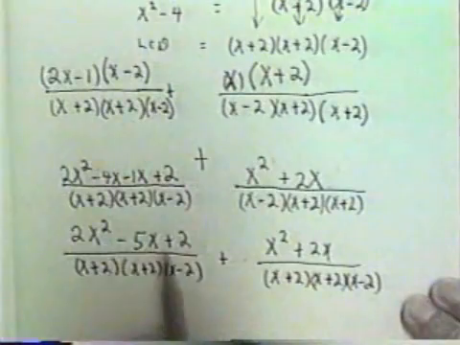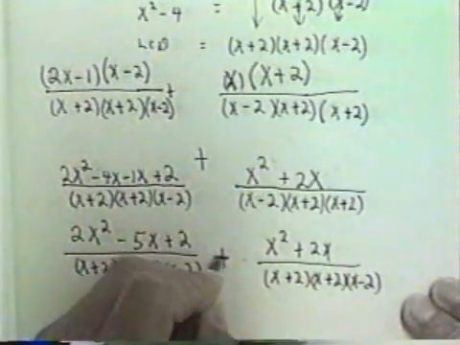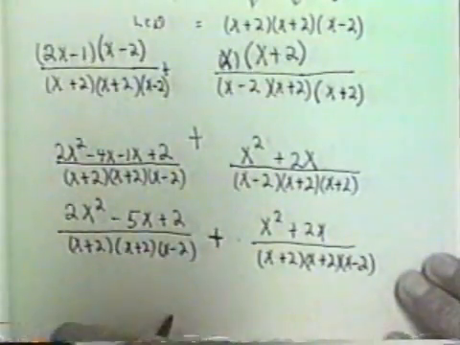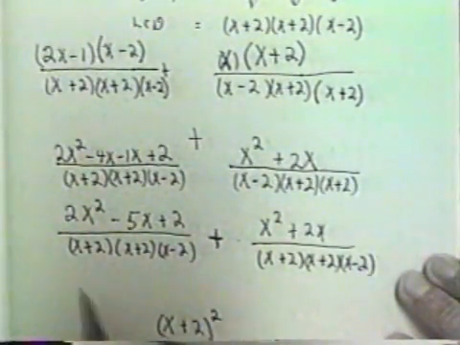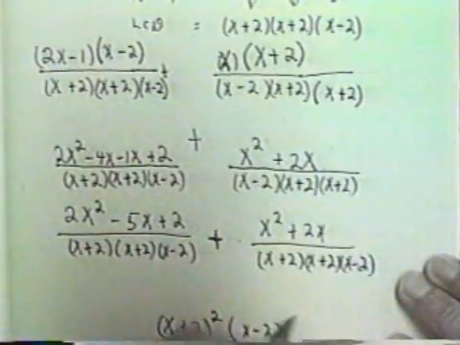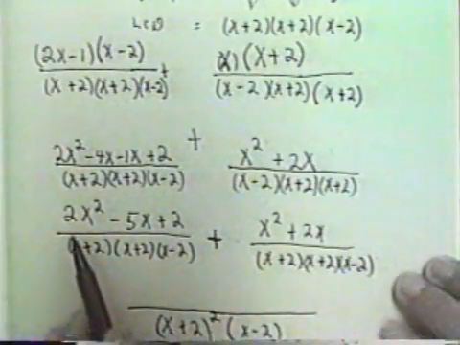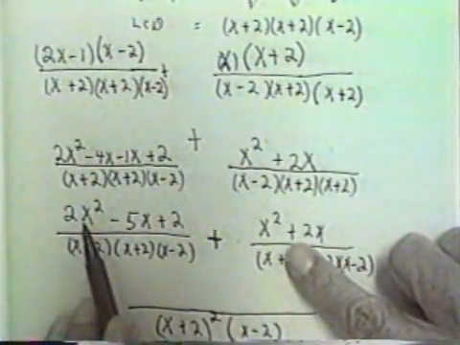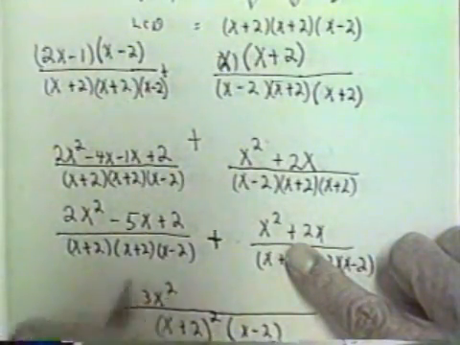Now that I have simplified the numerators, I can then add them. So I can keep my denominator, x plus 2, I don't write that as x plus 2 squared because I've got two of them, times x minus 2, and on top I'm going to add the numerators. 2x squared plus x squared is 3x squared.